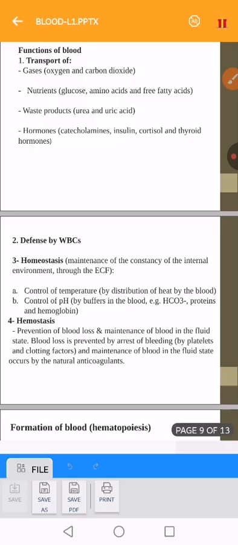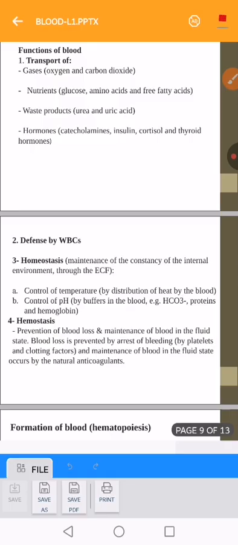If we have high temperature in our body, how can the hypothalamus know there is a high temperature if there is no blood? The blood takes this high temperature signal through the receptors to the hypothalamus. That is how we maintain homeostasis through the blood.